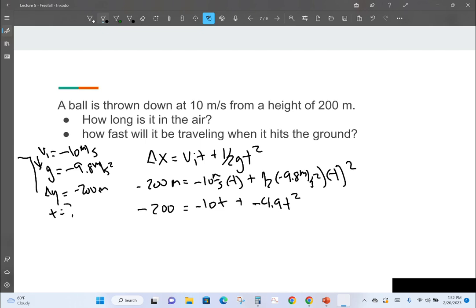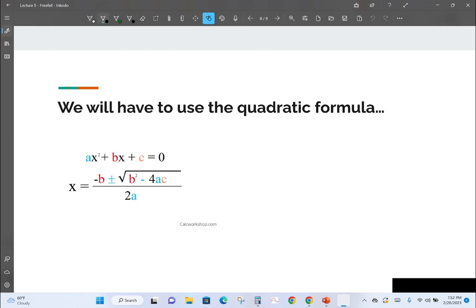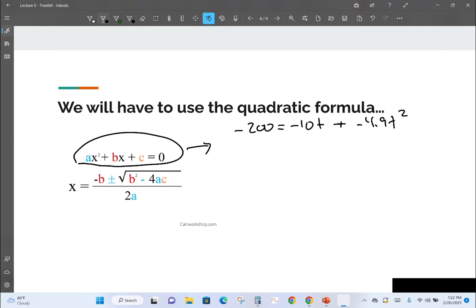I cannot simply just solve for t here. This is a quadratic. So what do you do with a quadratic? You have to solve with a quadratic formula. So we had negative 200 equals negative 10t plus negative 4.9t squared. I'm going to get it into the quadratic form, where I'm going to put everything on one side.